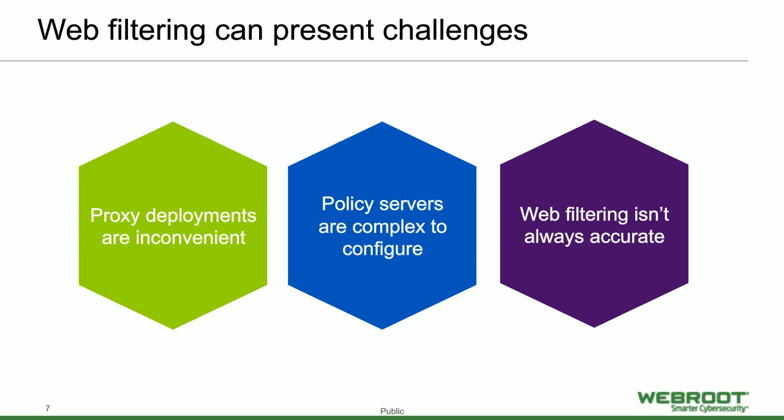Things of that nature can affect their experience, their day-to-day life and activity. And because we now all live on the web, constantly using it for a variety of activities, across all spectrums of business, any latency or slowness can really impact productivity. Policy servers can be very complex. I mean, these servers put all these complex rules in place.